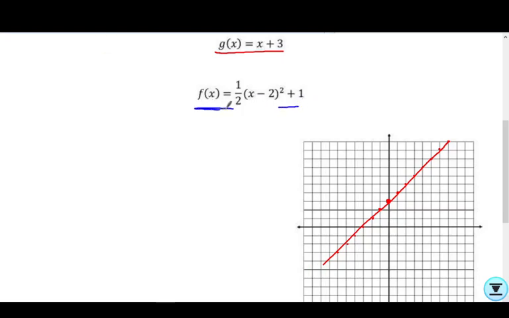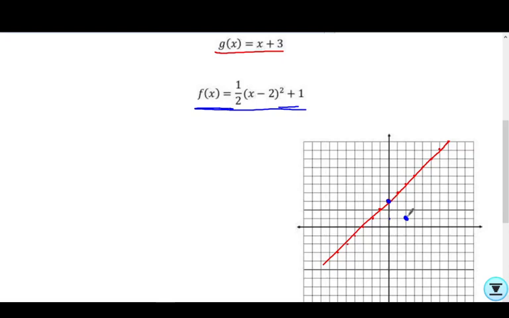And then my quadratic right here, okay, it's in its vertex form, so I know the vertex is at (2, 1). I also know that it's been vertically compressed by 1/2. So it'll go over 1 up 1/2. And should end up right here. It'll be over 2 up 2.